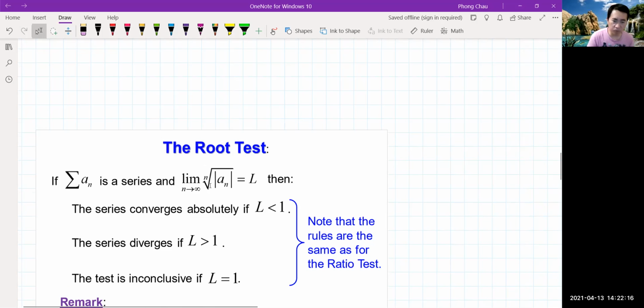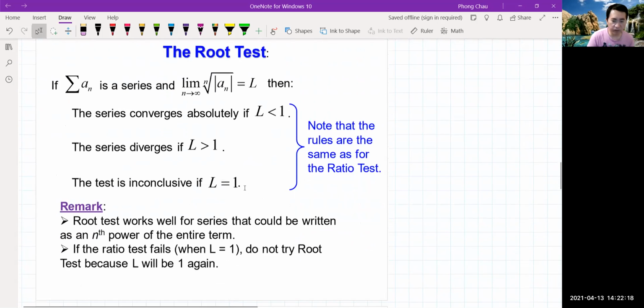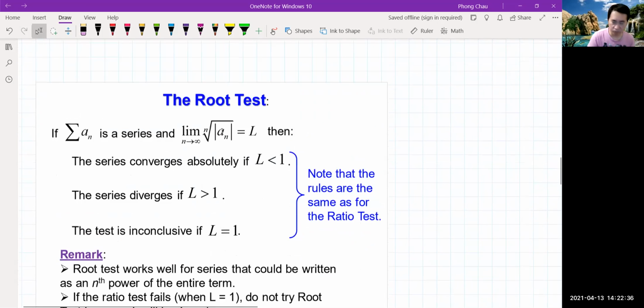So it works really well when you have a series that could be written as an nth power of the entire term. I'm going to do an example about that. Whenever you have something raised to the nth power, the root test will be used. Again, it will be very easy to recognize.